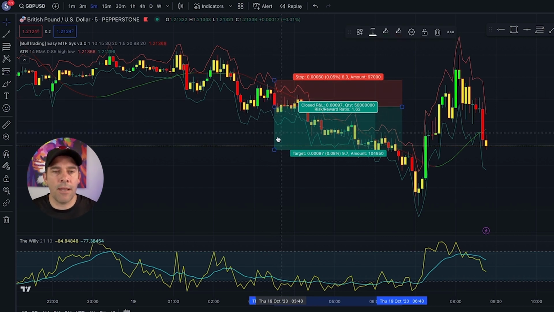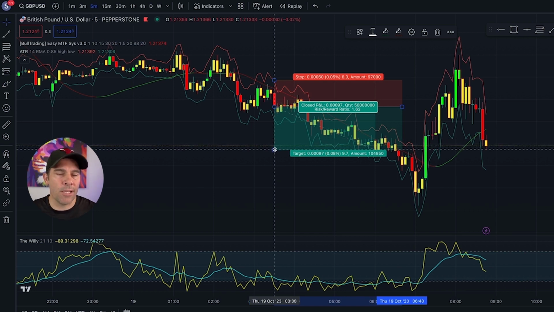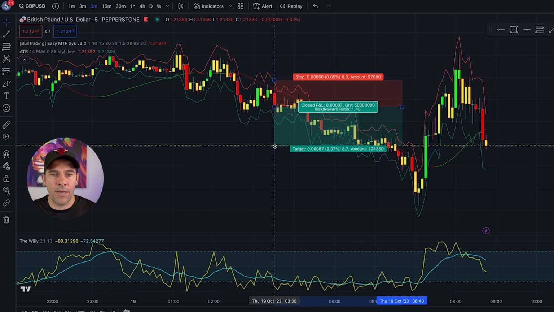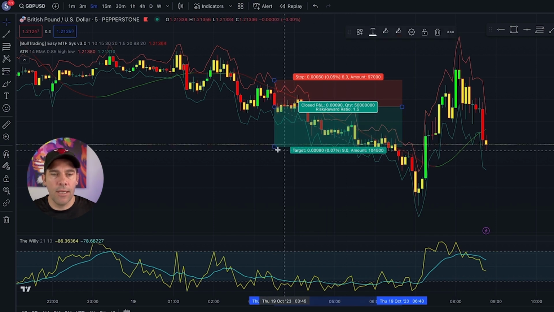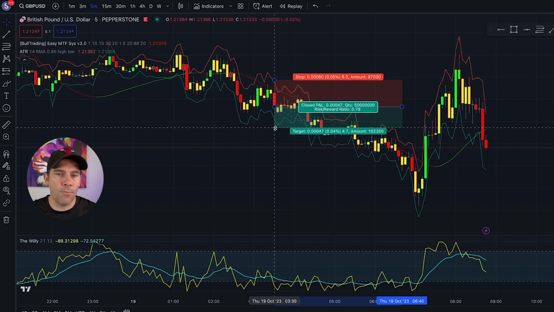Okay. So here we go with the risk management and the extra bit of management I was talking about. What I'm doing now, and it's been working very well for me, is you can just go for the 1 to 1.5, which you can see did hit over there. But what I've been doing now is waiting for 0.75, anywhere from 0.75 to about 1.